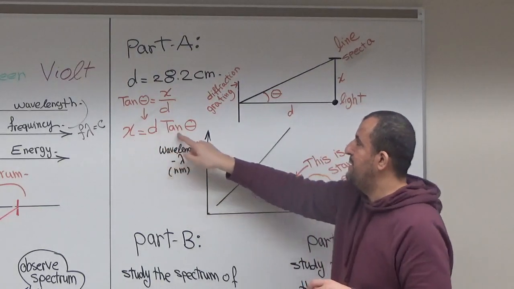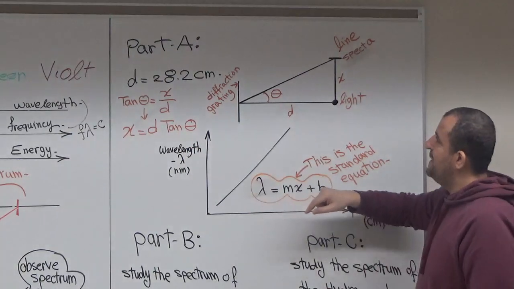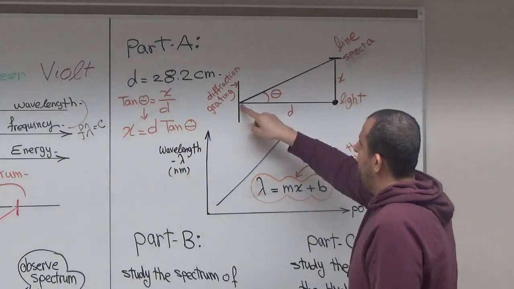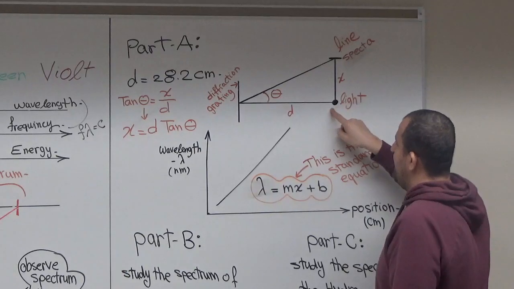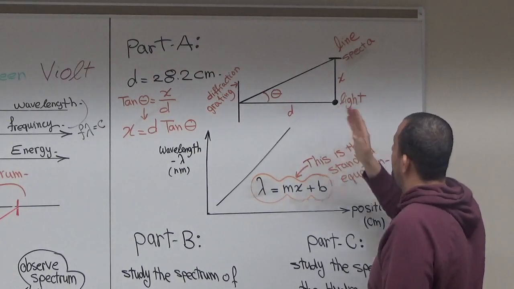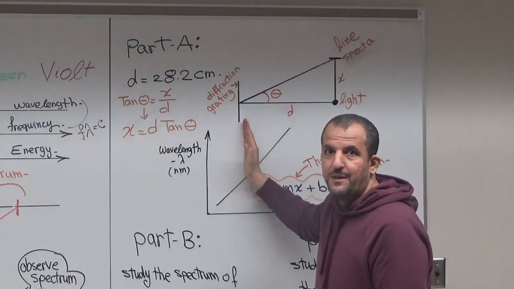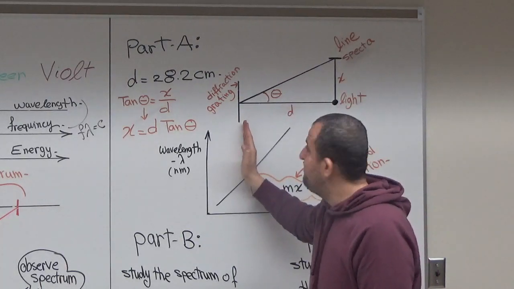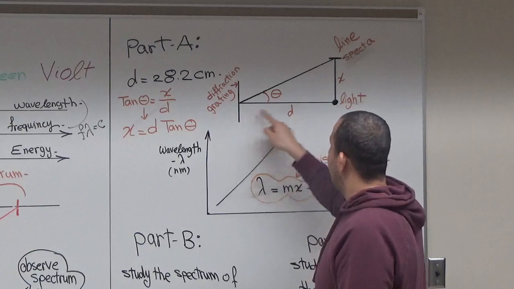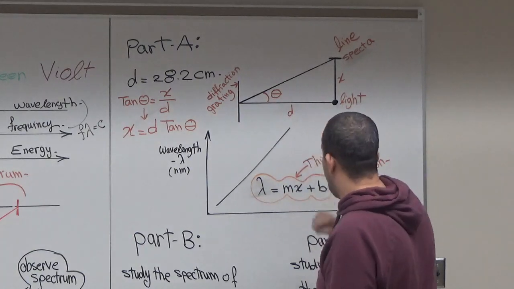So x is equal to d tan theta. Okay? So the distance d here represents the distance from the light source to the diffraction grid. Okay? So we know d, we can measure d, it's not hard.